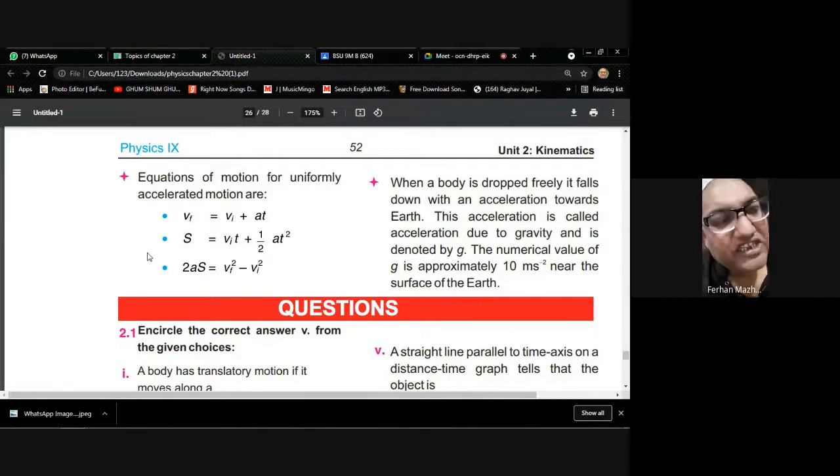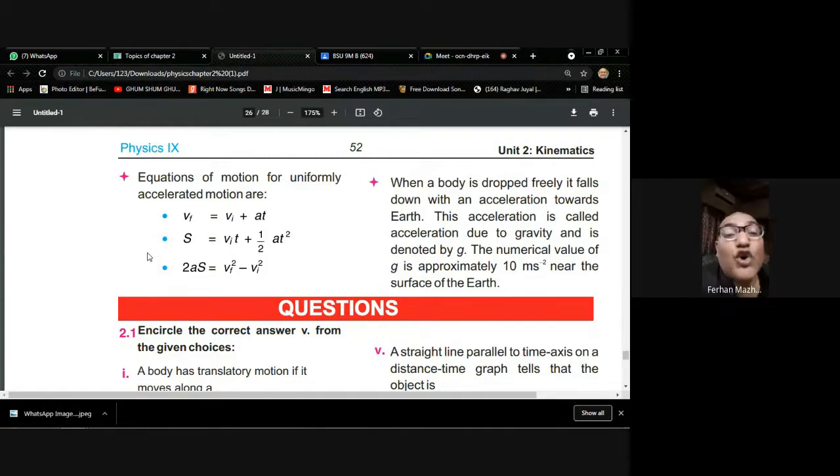If the body is falling downward or going upward, then the acceleration value is taken as g, and its value is 10 meter per second square. If you are falling downward, then the g value is positive, positive 10 meter per second square, because when you are falling downward, you will be accelerating.